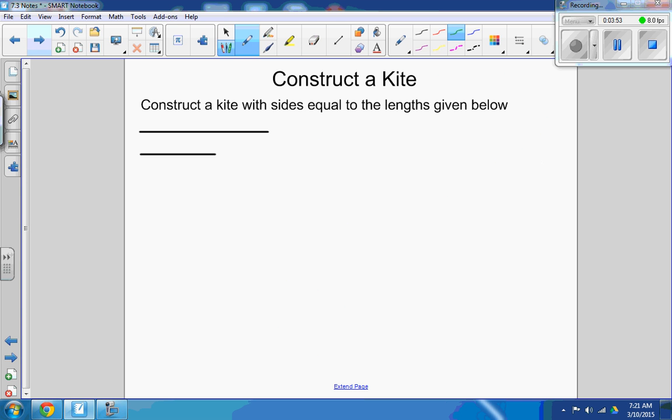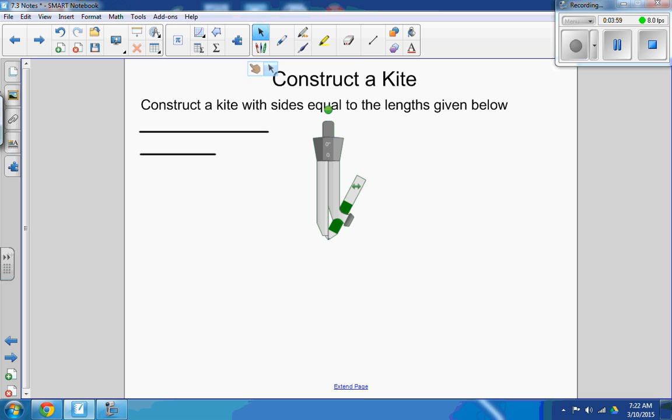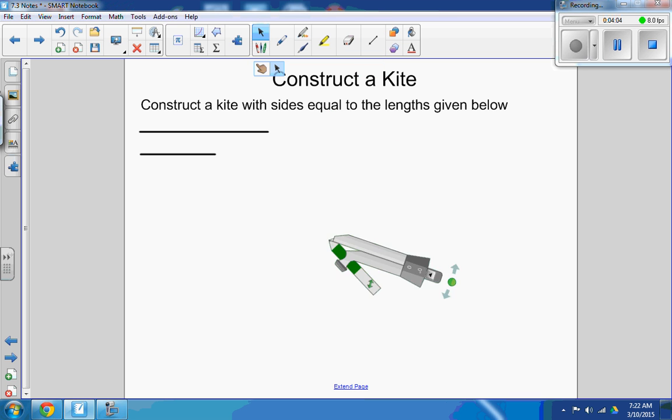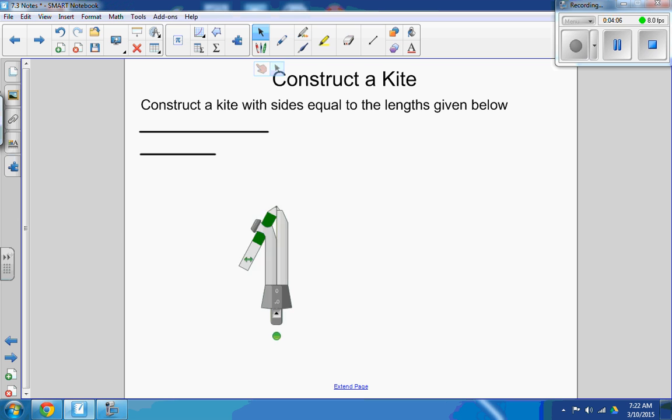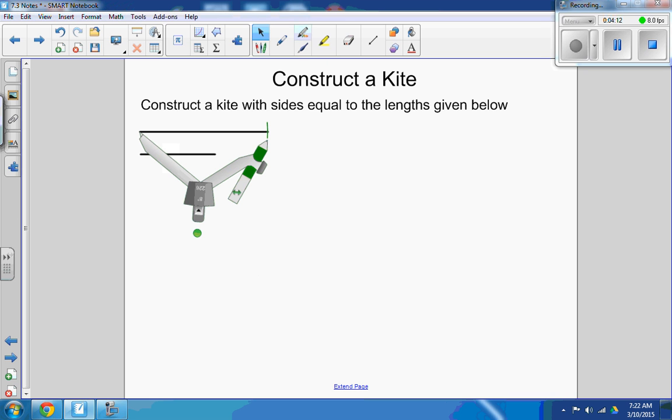Let's construct a kite. All right, so to construct a kite, let's first make our compass equal to the length of the longer segment. So I'm going to make it equal to this length. I'm going to draw the arc to indicate that I have it equal to that length. I'm going to put a random dot here. That's going to be my point of rotation.